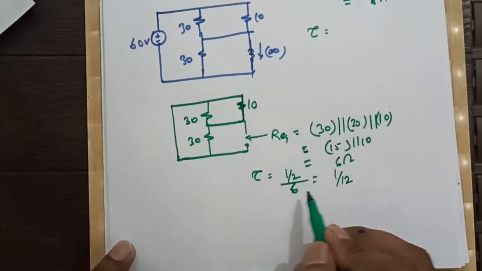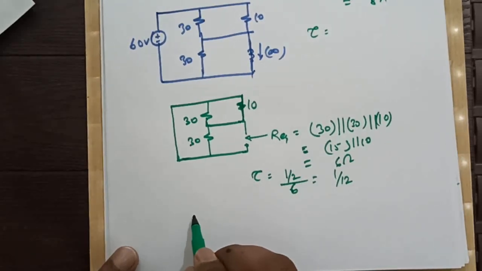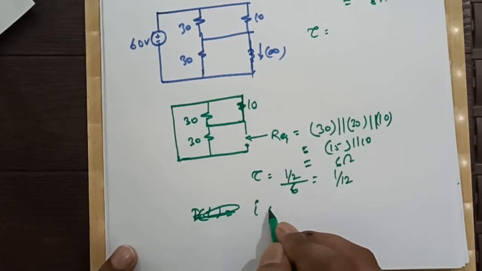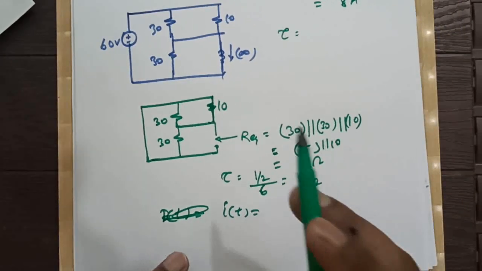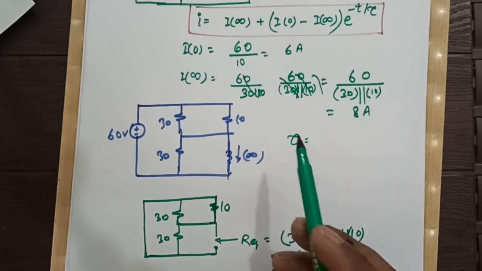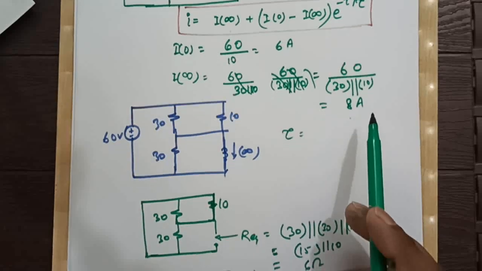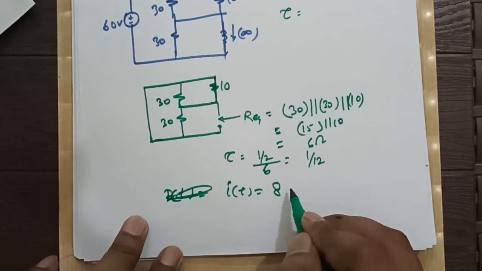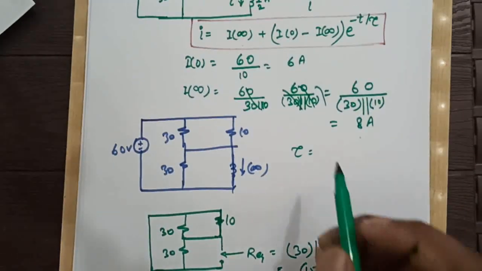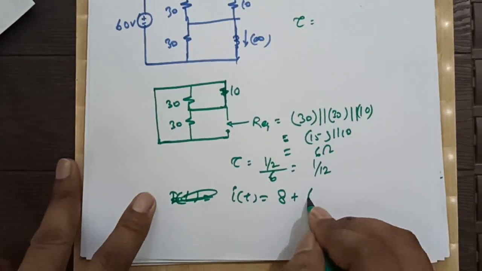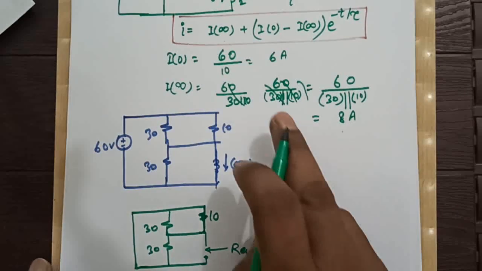So the expression for current will be, I as a function of time will be I infinity. See here, our I infinity is what? 8 amperes. 8 plus I naught. Our I naught is what? 6 ampere. 6 minus I infinity is what?